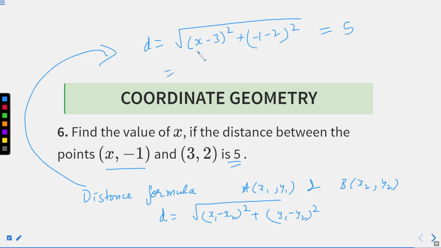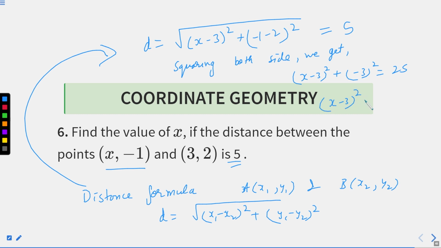So squaring both sides, we get (x - 3) whole square plus (-3) whole square is equal to 25. (x - 3) whole square is equal to 25 minus 9, which is 16.